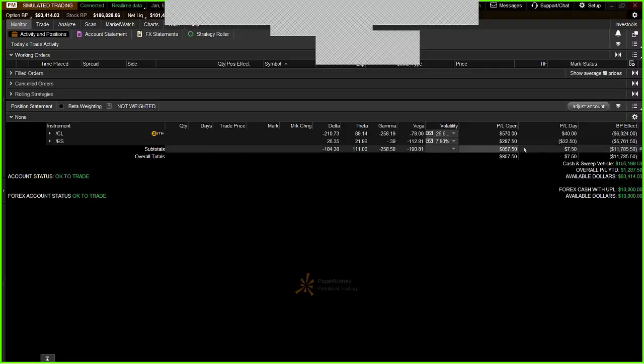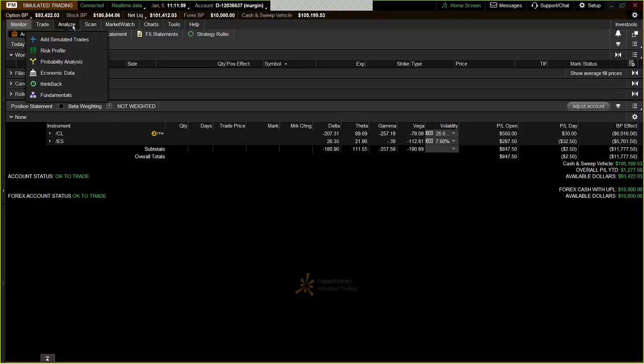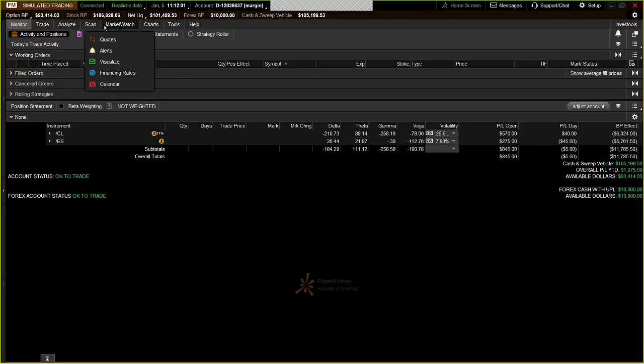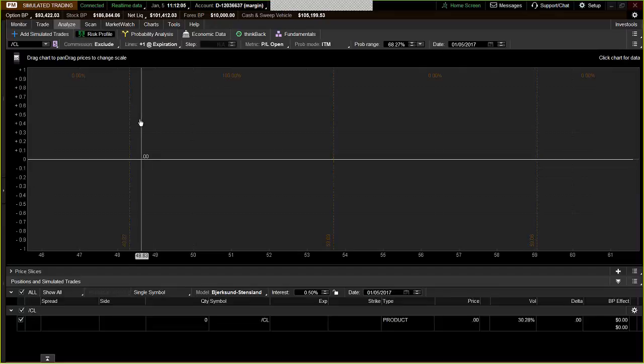That's good. Okay, so here's an actual trade that's been on. This one I'm showing you here is in the simulated account for one of my customers, but it's illustrative of what I'm doing here, which you already know. I'm going to go to the Analyze tab, and I've got the CL up here.